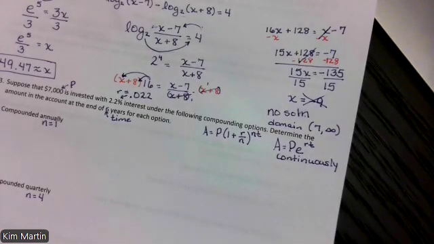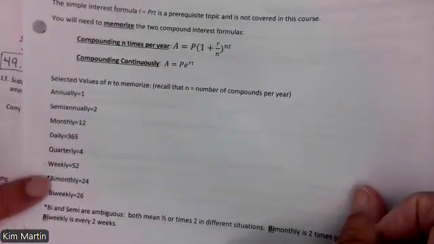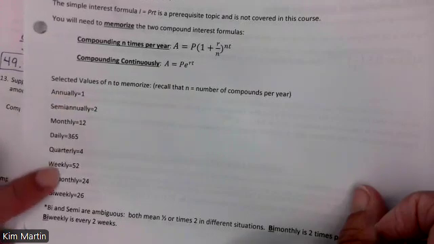There is a whole section in our notes on that. Monthly, I forgot about monthly. That's the most common one. That is 12 times a year. So this would be all our n's.